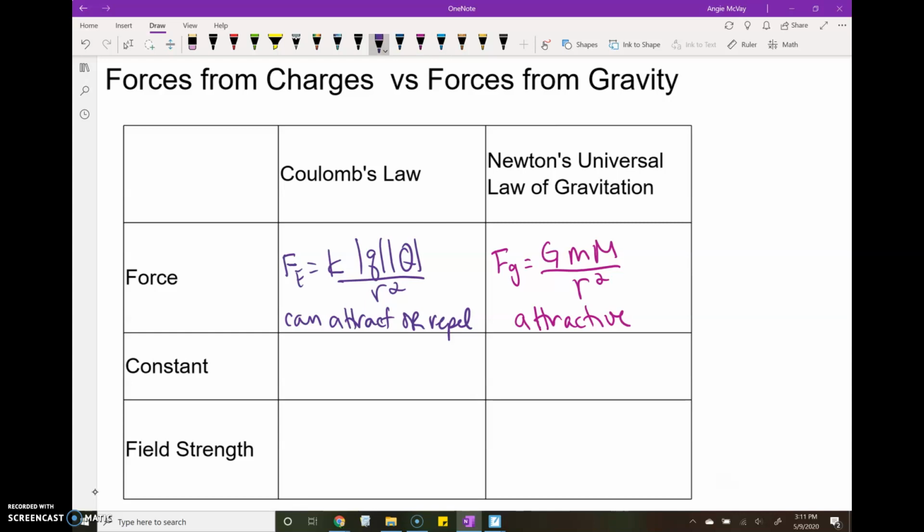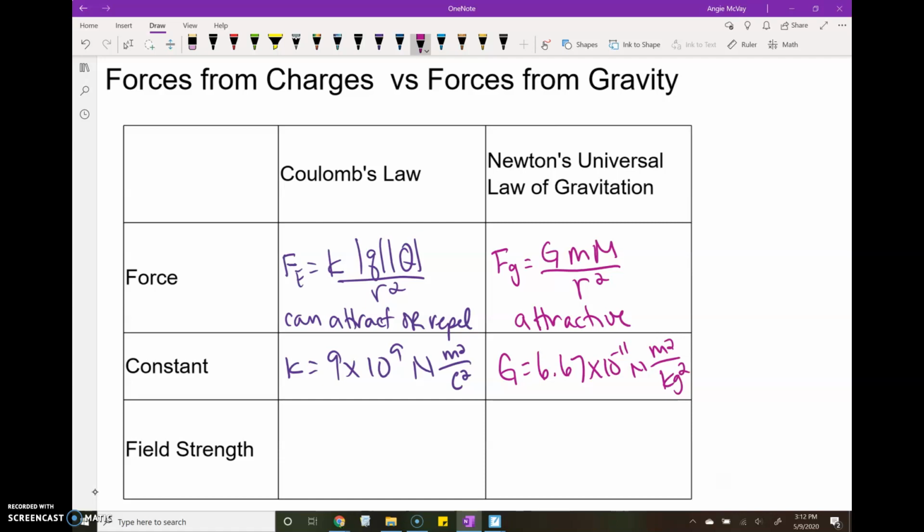Okay, now let's take a look at the constants. Coulomb's constant, 9 times 10 to the 9 newton meters squared per coulomb squared. And Newton's universal gravity constant is 6.67 times 10 to the minus 11 newton meters squared per kilogram squared.